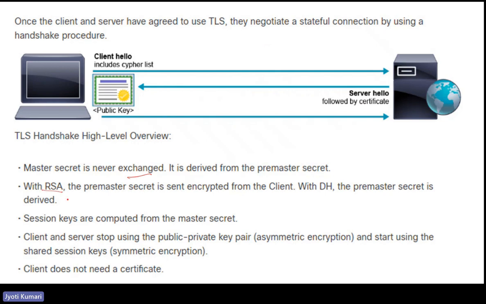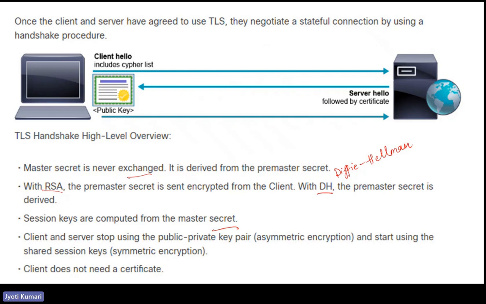Then RSA keys are used, and the pre-master is sent encrypted from the client. Then DH, called Diffie-Hellman, is the key type used. These are some of the encryption types used, for the pre-master secret, which is derived, and session keys are computed from the master key. So these are the sets of keys and encryptions used for generating the encrypted secure keys.